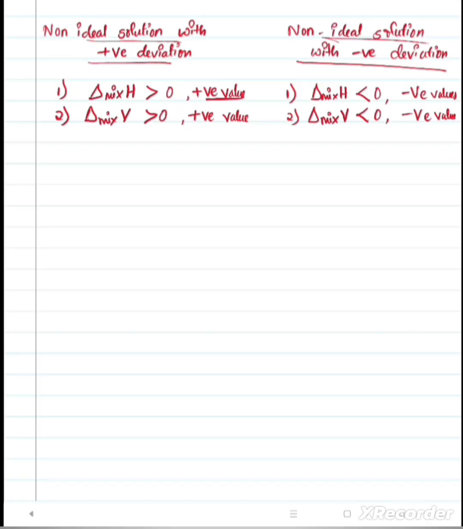Okay, then third one, the force between A and B is less than the force between A and A and B and B. That means the force of attraction between solvent and solvent, solute and solute is more compared to AB, solute and solvent.